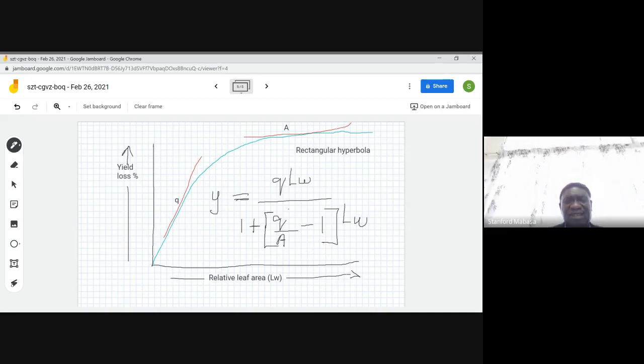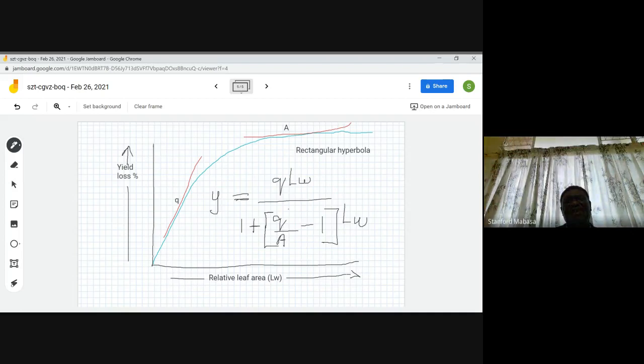You cannot get erroneous predictions of yield loss by measuring a leaf area. But of course, the drawback is measuring leaf area itself may be time consuming, and it may not be easy.